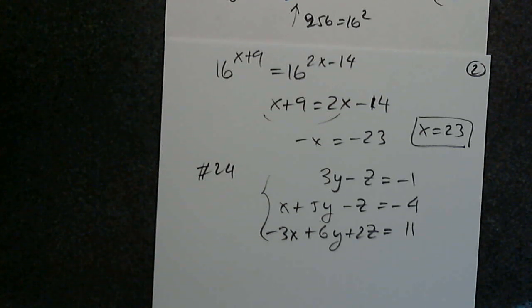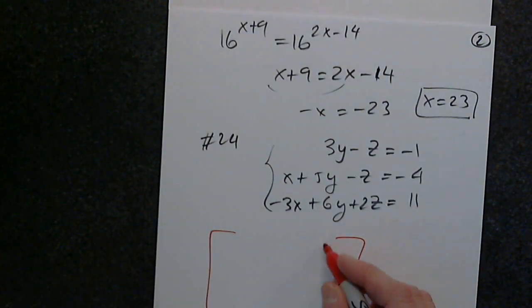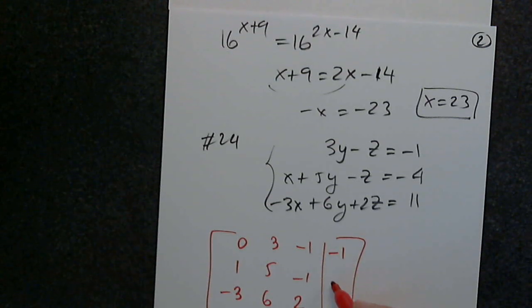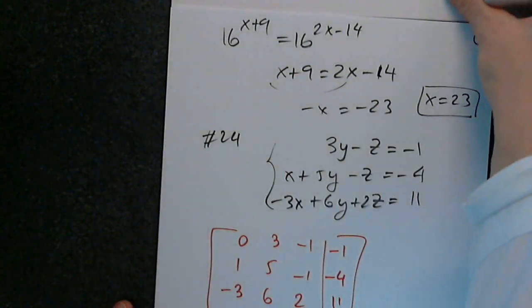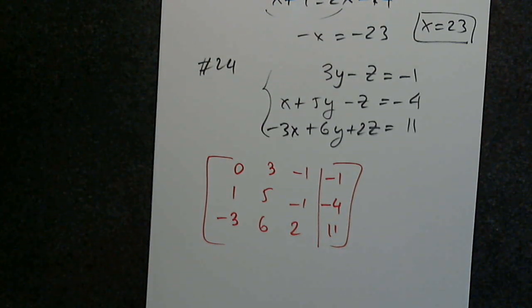Is this the case here? Yes, it is. So I don't have to rearrange anything. I can already write the augmented matrix: 0, 1, -3, 3, 5, 6, -1, -1, 2, -1, -4, 11. So this is the augmented matrix.